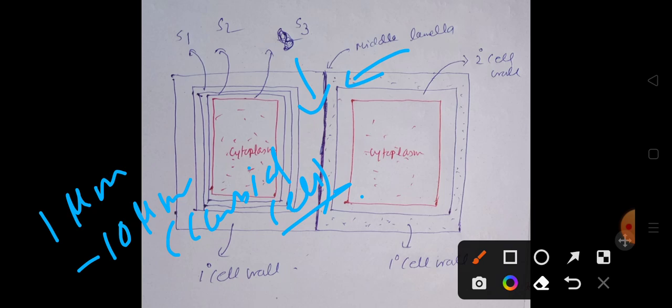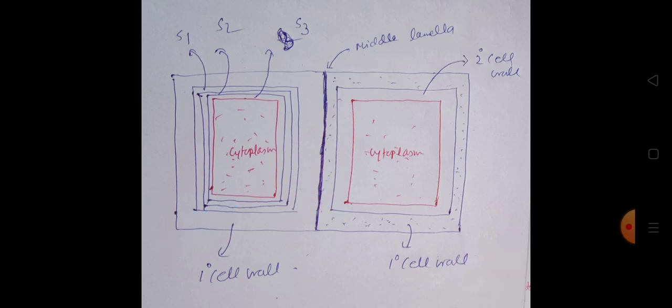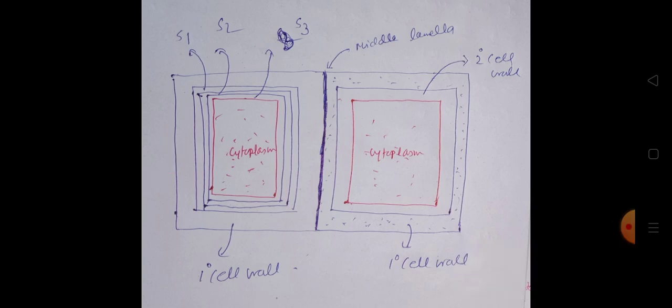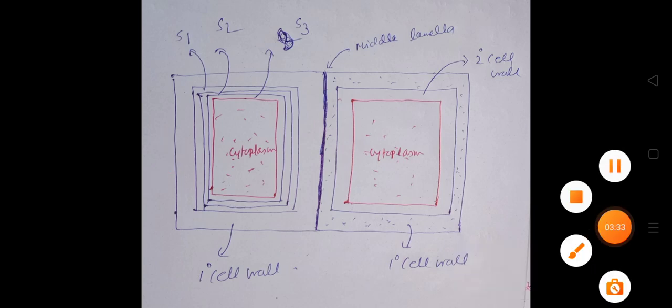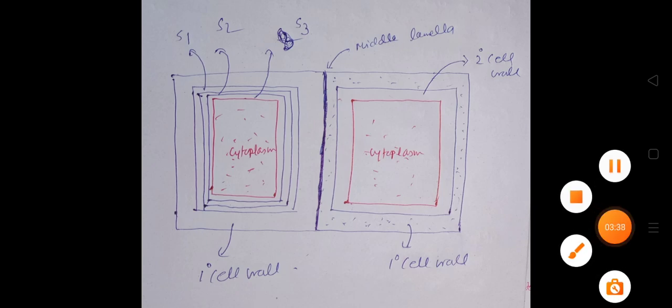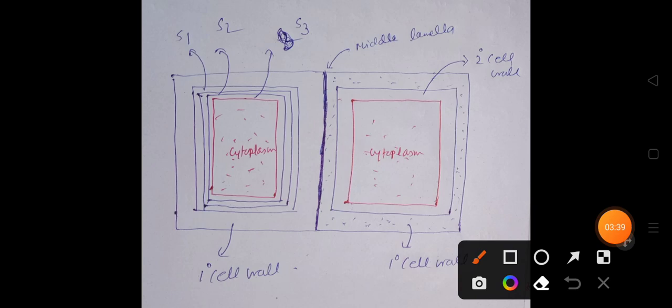So 10 micrometers will be the thickness of the primary cell wall in the case of collenchyma. Along with that, when we talk about cuticularized tissue, the thickness will be more. Cuticularized tissues are water resistant tissues. Remember it. So cuticularized cell walls are water resistant, and that is why they have more thickness.